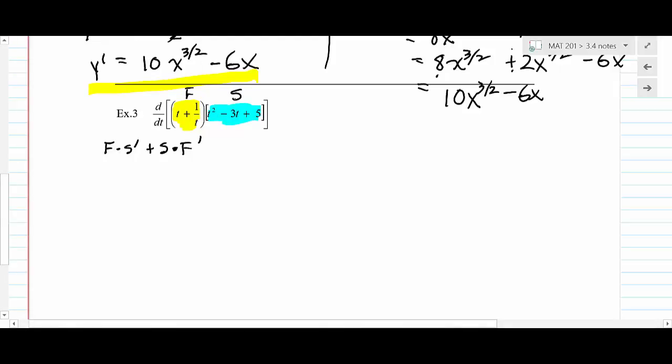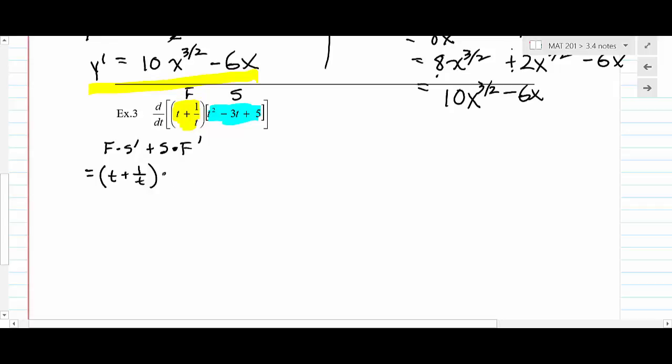Okay, so what we do is we just immediately go through and work out the product rule on this. You could multiply out first, then differentiate, but I want to do the product rule on this one. Okay, so here's what you do. First thing you do is you want to write down the first. You don't do anything with it, you just write it down.